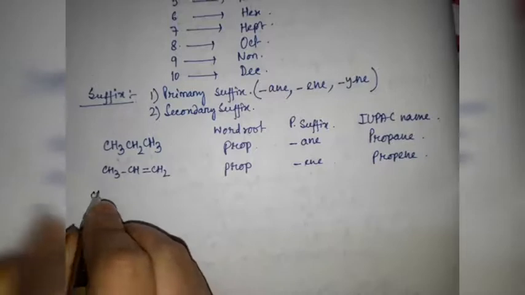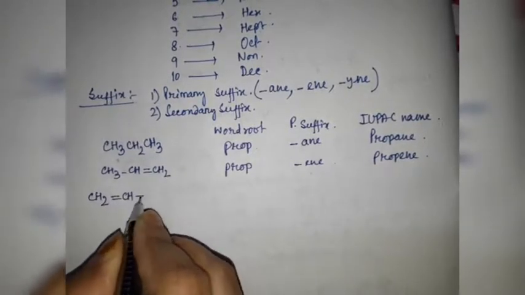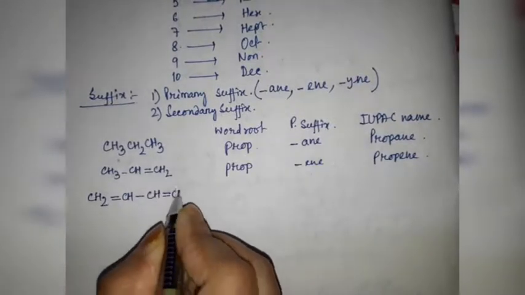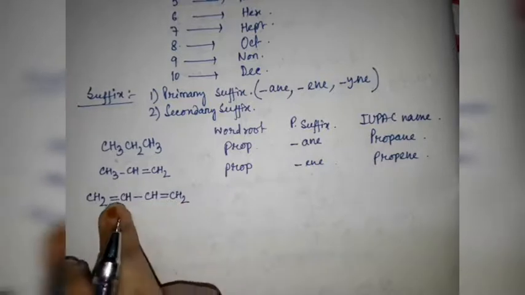Suppose we have this one, CH2 double bond CH, single bond CH double bond CH2. Here how many carbon atoms are there? 1, 2, 3, 4.